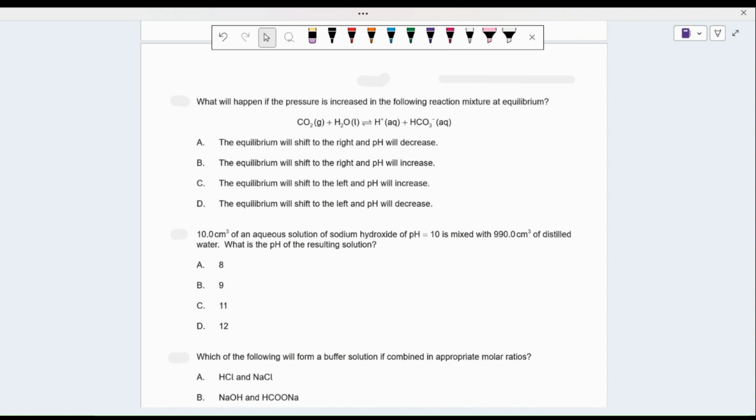So it means it will shift to the right because there are no gas moles there. So that will be A or B. Now, because we are adding hydrogen ions, it means that we are making our reaction mixture more acidic. So that means the pH will decrease. A.